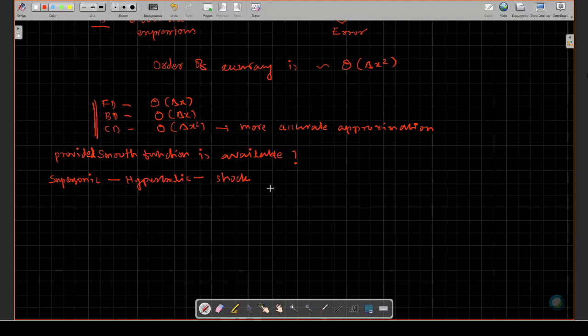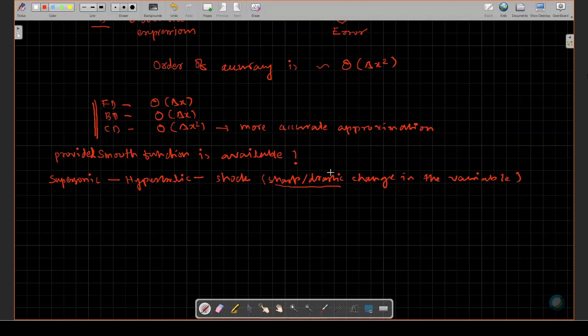Shock is nothing but the region where there is a sharp change, a sharp or drastic change in the variable. So when there is a sharp change, there is no smooth function. The function is like a step.